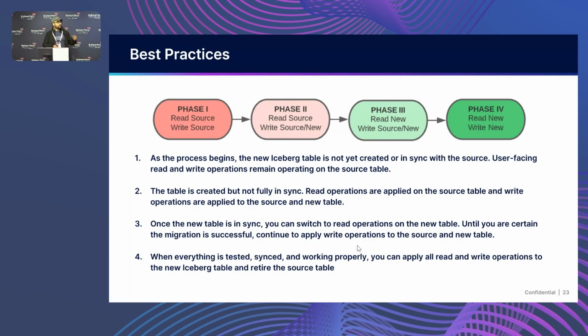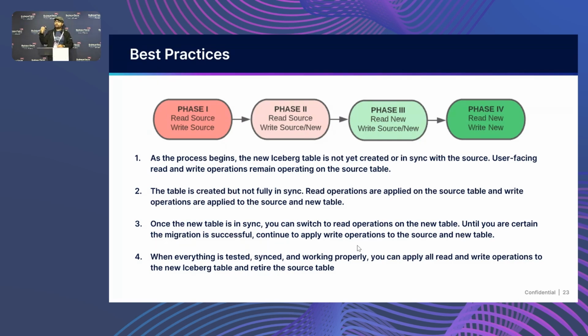So in phase two, all your readers should still be reading the old table, the Hive table, the Delta Lake table, the Hoodie table, but all your writes should be writing to both the old table and the Iceberg table. Once you're pretty comfortable that they're in sync, you would then move into phase three.